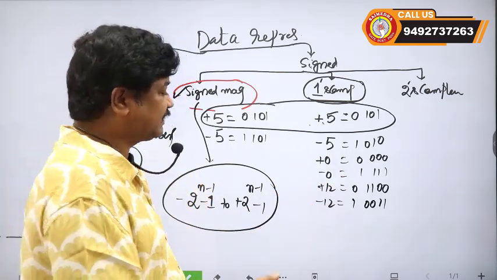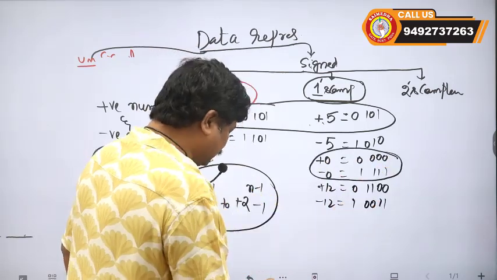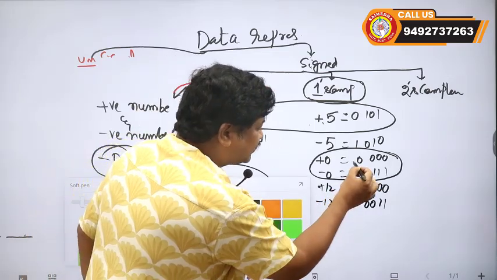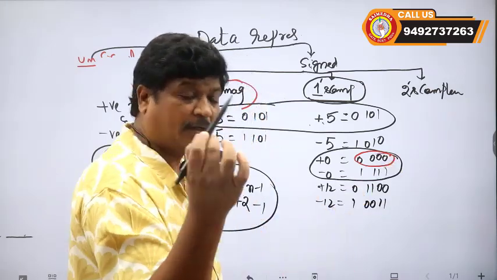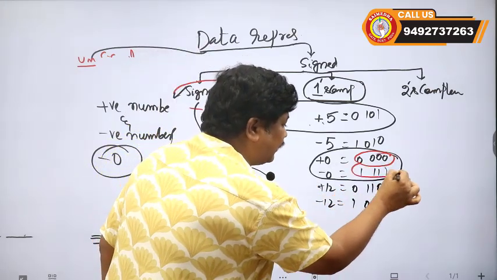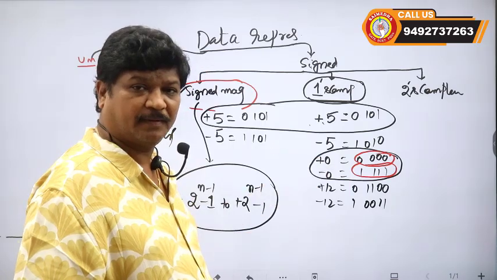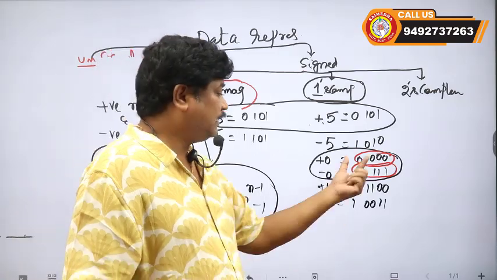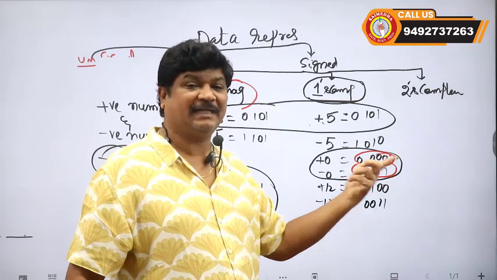One drawback is plus 0 and minus 0. There are two different numbers. Plus 0 will have this value, and minus 0 will have some other value. Is it true? Here also the drawback continues. There is one notation for plus 0 and another notation for minus 0.